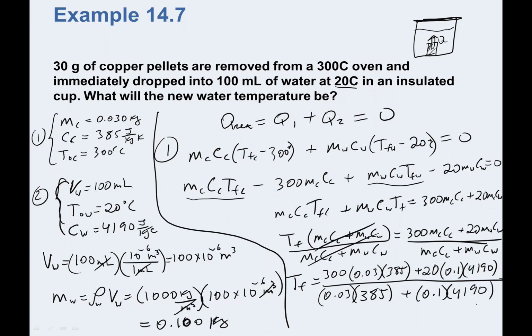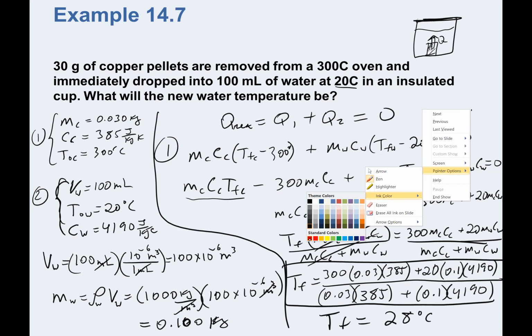So we end up with this final equation, and you can see we have everything that we need. You calculate, T final equals 28 degrees Celsius, and that's our final answer.